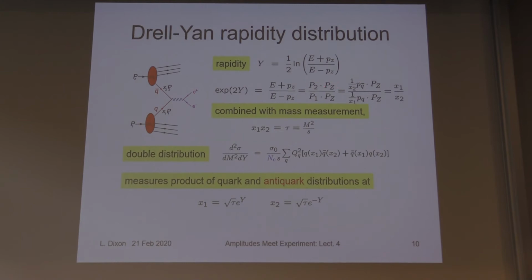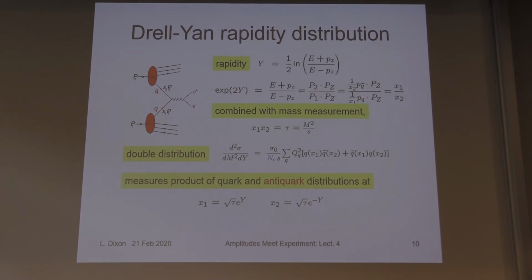It's the momentum of the Z dotted into P2 in one case because it's going along the minus direction. So it measures E plus pz, and P1 is going along the plus direction, so it measures E minus pz, up to some overall factor, which is equal in the two cases. But you can rewrite that. P2 is the momentum of the Q bar over x2, and P1 is pQ. This was pQ bar.